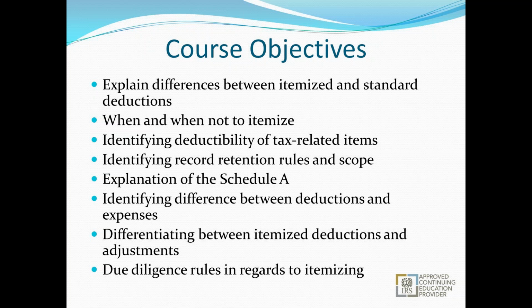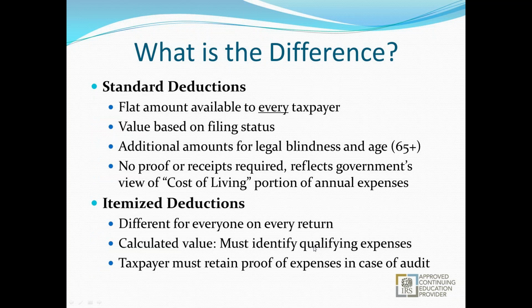There's a lot of things that are expenses that go on their own forms, like your Schedule C's and your E's, that don't belong on the Schedule A. Different places for different things. Going to differentiate between itemized deductions and adjustments. And we're also going to cover due diligence rules in regards to itemizing to sort of tie into the record retention rules and scope.